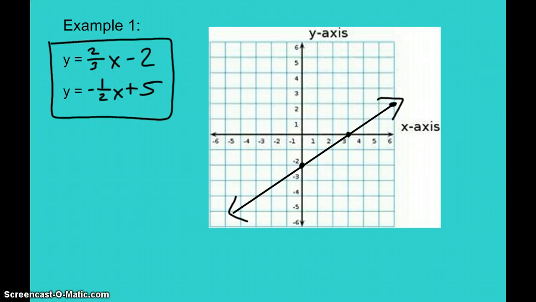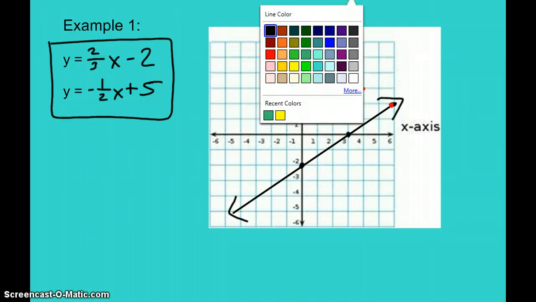I do the same thing now for my second equation, y equals -1/2 x plus 5. So I start at my y-intercept, and my slope of -1/2 tells me to go down 1, right 2. And now I'm going to continue that on until they intersect, because I want to know the point that is a solution to both.